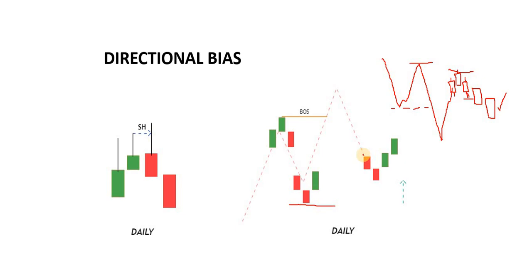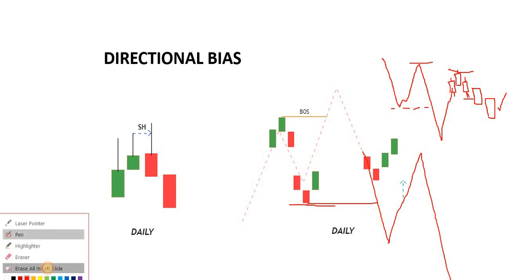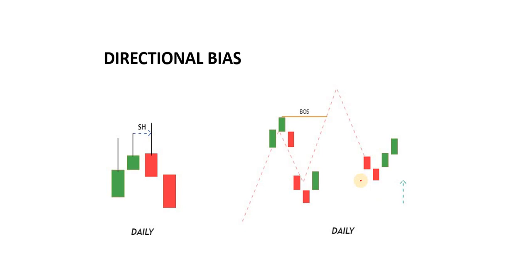Because as you know, if this swing low is broken, then most likely we have a bearish market. I don't want to confuse you or say too much, but I believe you understand the point.